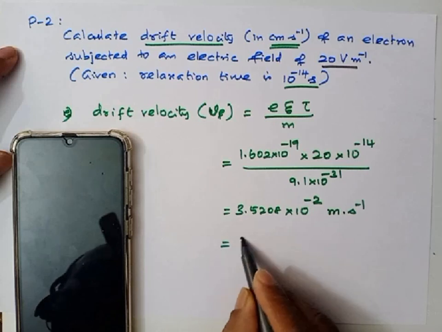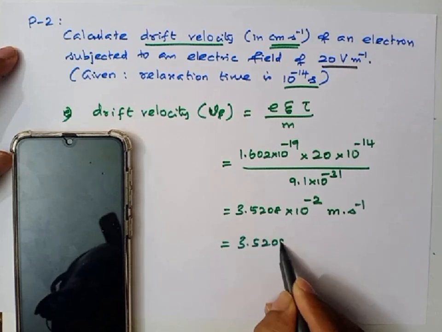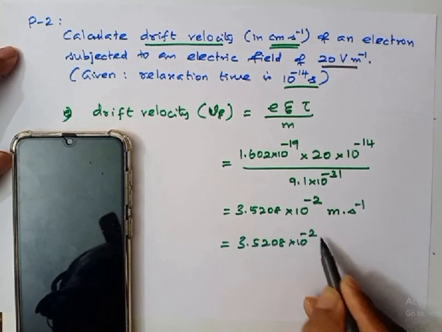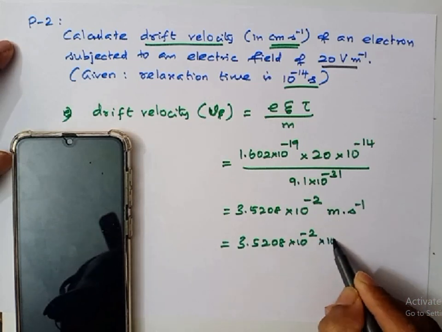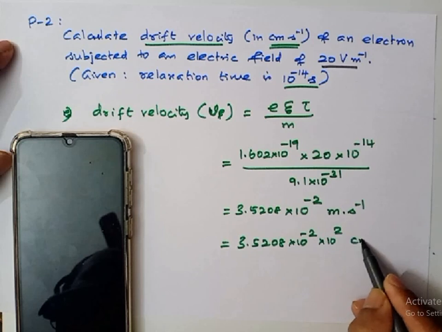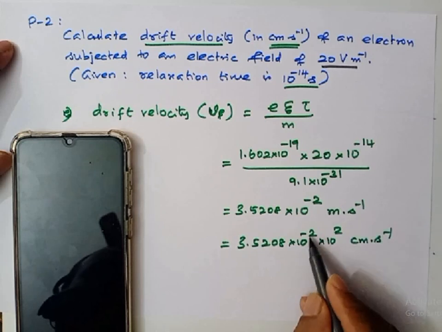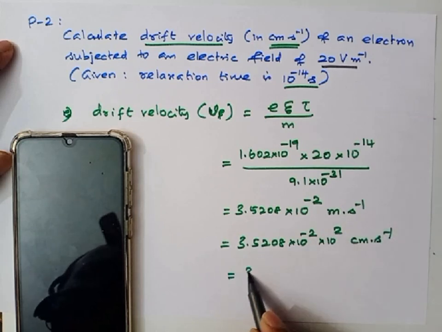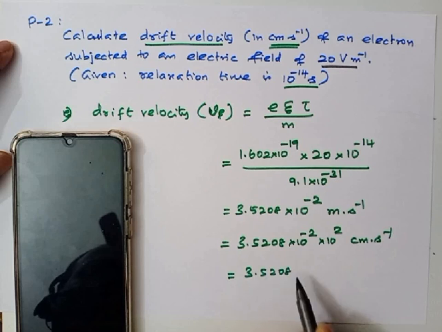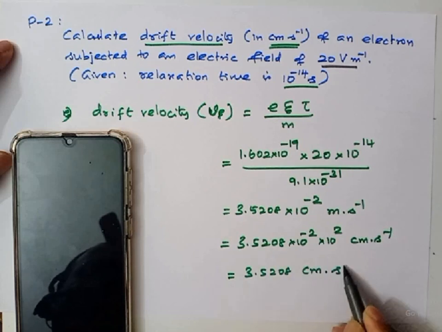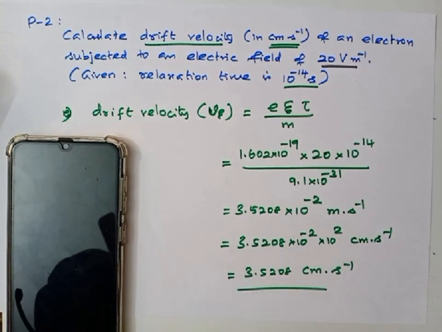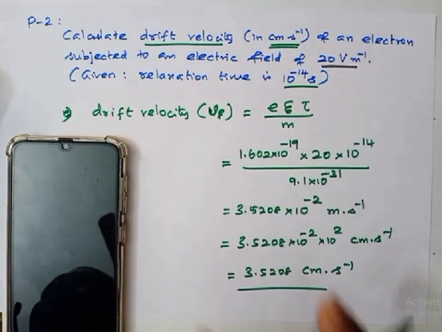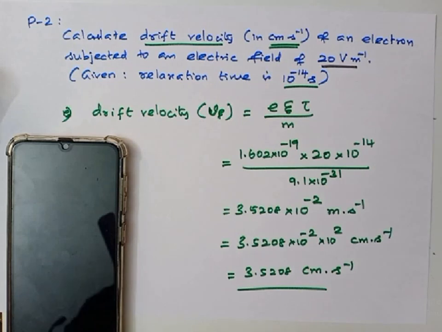So 3.5208 into 10 power minus 2, multiplied by 100, you will get centimeter per second. 10 power minus 2 and 10 power plus 2 cancel each other. You will get 3.5208 centimeters per second. This is the drift velocity of the electron for this given data. Clear? Take note.